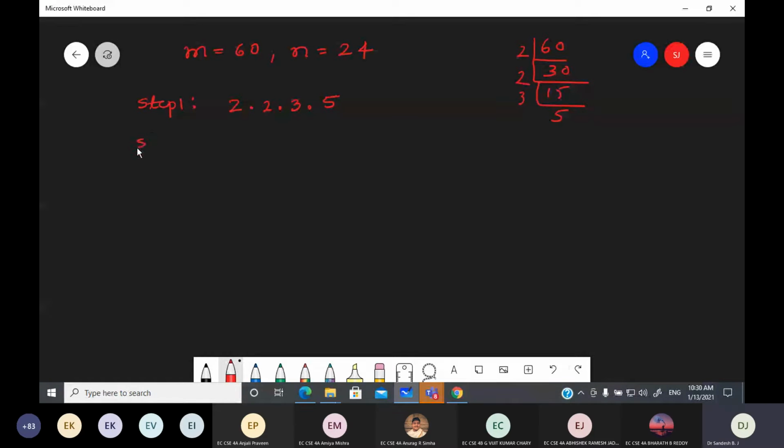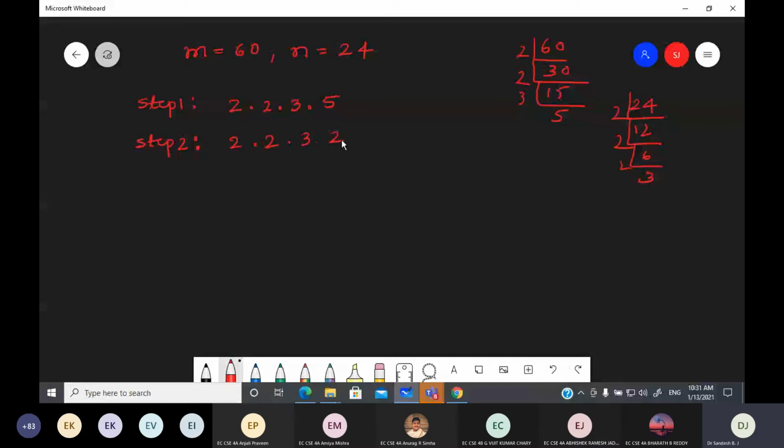Then step 2, the prime factors of 24. So 2, 2, then 3, right?